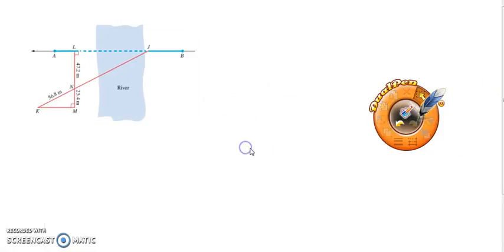So if we have something like this, you'll notice that they didn't cut it in the middle. Okay, so these 2 distances are different to each other. And that makes our life harder.